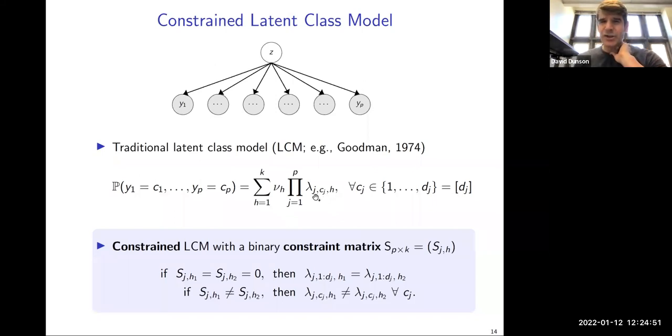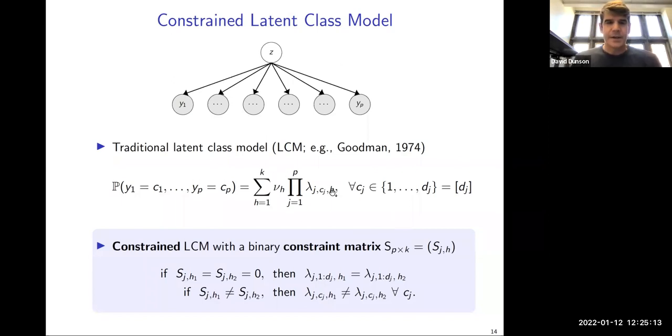So lambda_{j,c_j,h} is the probability that the jth categorical variable takes level c_j in latent class h. Okay. So this is a very common classical model. There's a non-parametric Bayesian version that we published in JASA, the Dunson and Xing paper in 2009, that allows K to be infinity, et cetera.